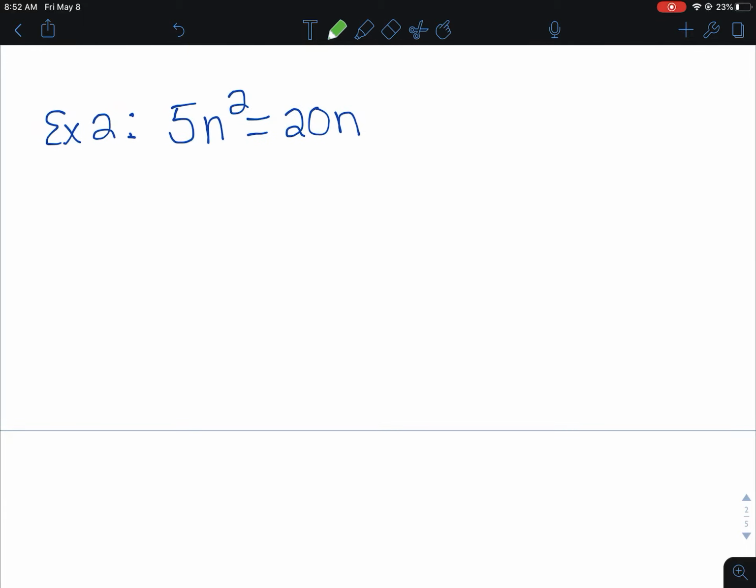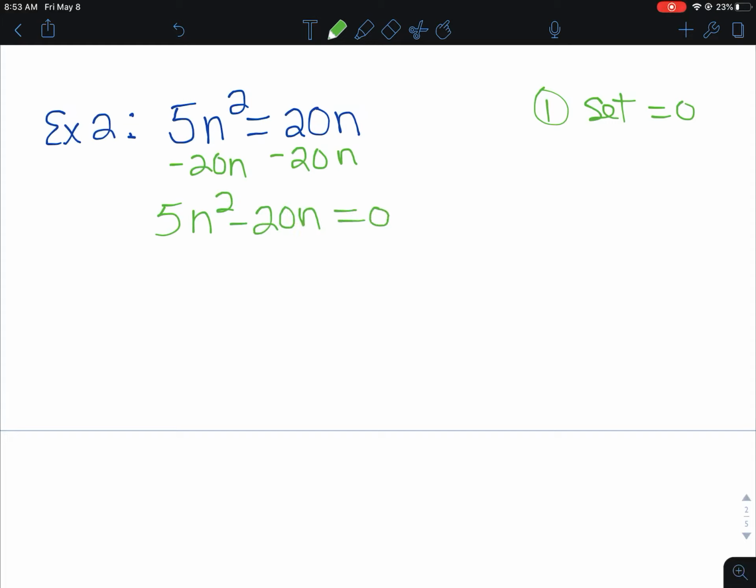All right, let's try another. So 5n squared equals 20n. So again, our first step is to set it equal to 0 if it's not already. Well, this one says 5n squared equals 20n. So if I want it equal to 0, I have to subtract 20n from both sides.